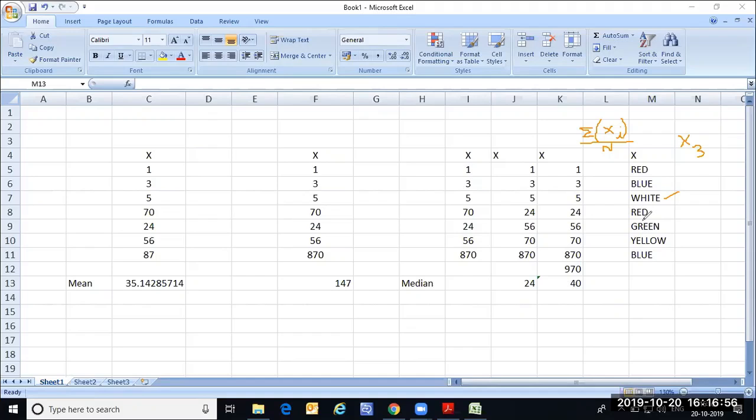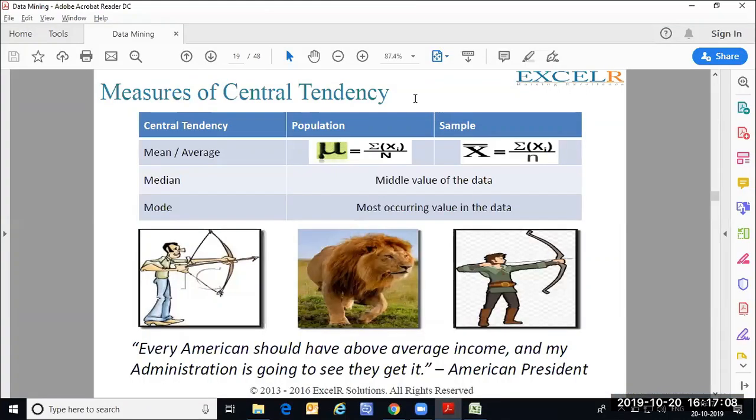And that's where the third measure of central tendency is introduced, which is nothing but mode. Mode is nothing but the most repeated value or the most occurring value in your data set, in your variable.